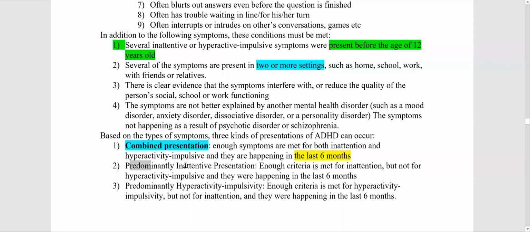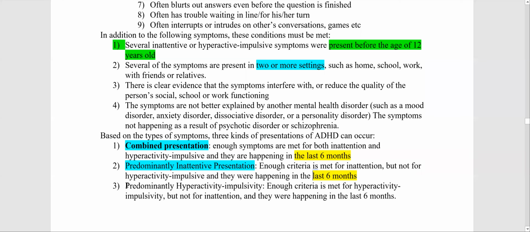And then predominantly inattentive presentation is where they have enough criteria for inattention, so 6 or more, or 5 or more for adolescents and adults, but not for hyperactivity and impulsivity, and it's happening again for 6 months or longer. So the predominantly inattentive presentation is they have 6 or more only in the inattention, and that's been going on for 6 months or longer.